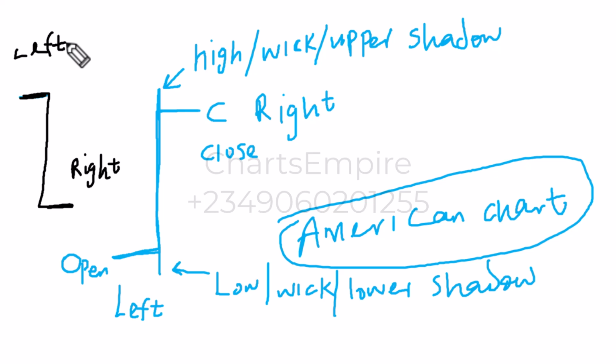So whenever price opens from the left and closes at the right, whereby the close is lower than the open, that candlestick indicates people are selling. Whenever the close of a candlestick is below its open, it indicates people are selling. This is the open.